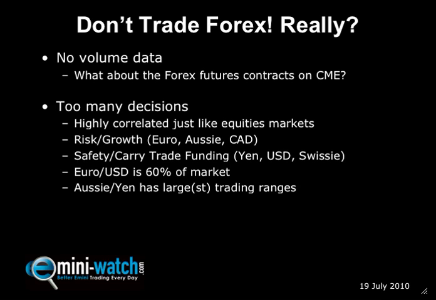The moves aren't as great as in the Aussie and the yen. But the total size of the Aussie yen market is smaller, so the euro USD is a good compromise. And I'm starting to think that if you were to trade just one Forex market, you'd stick with the euro USD, and that would be the equivalent of trading the E-mini as representative of all the equity markets around the world.